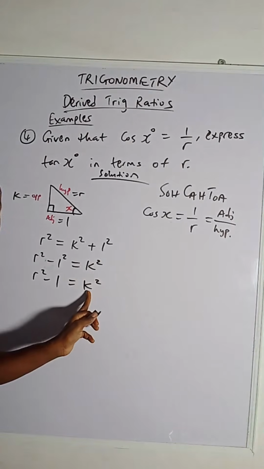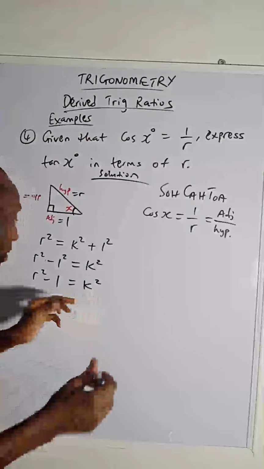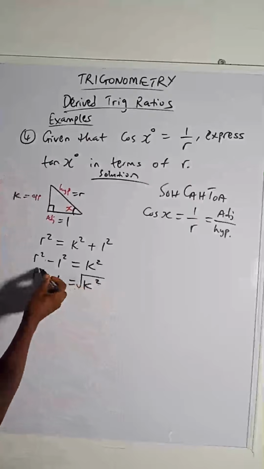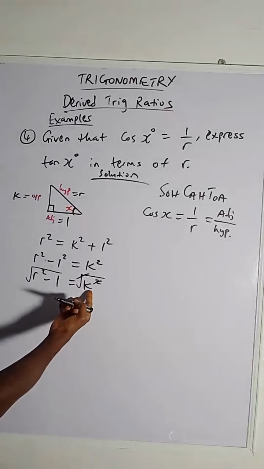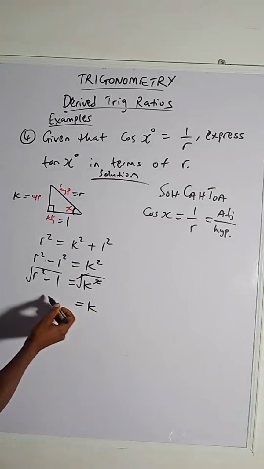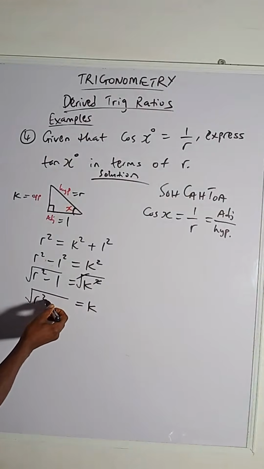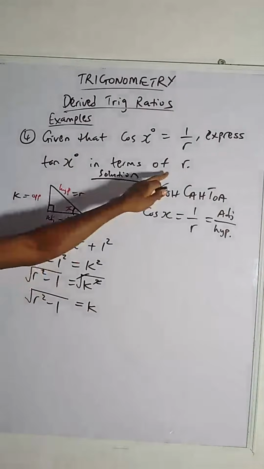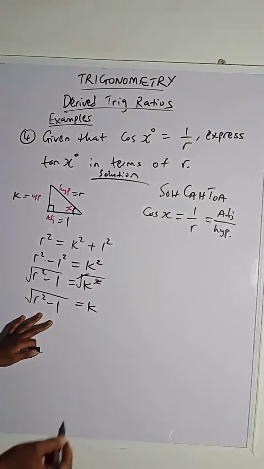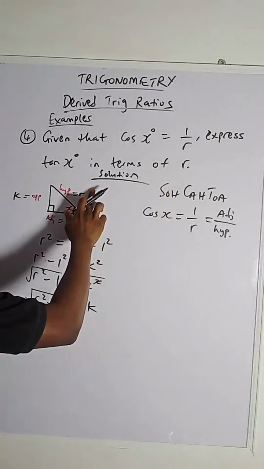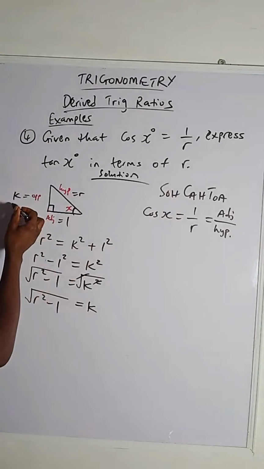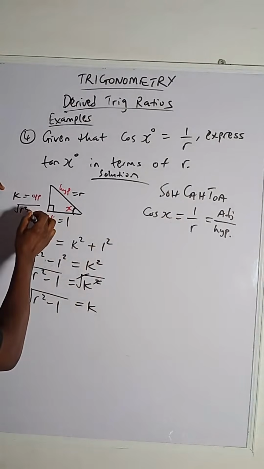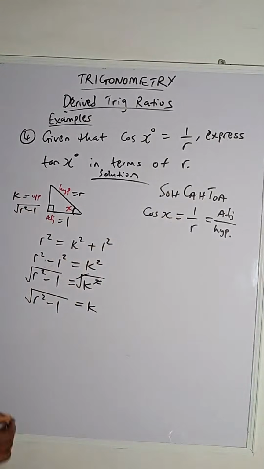To get k, I apply square root to both sides, so the square root cancels the square and k is equal to the square root of r squared minus 1. They say in terms of r, so we're not going to do anything to this, just write it as it is. The opposite side is the square root of r squared minus 1. Hope that makes sense.